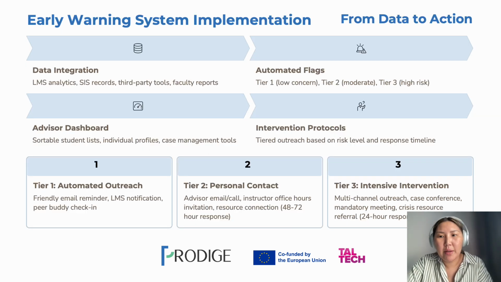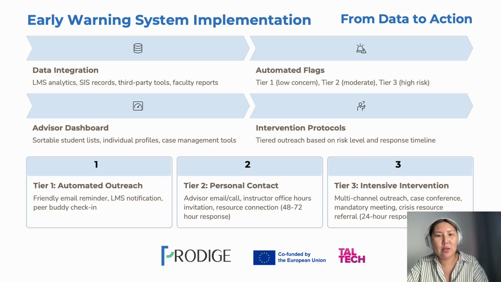So here you can implement how you can implement an early warning system to move from data to action. So first of all, it's very important to integrate all data. So pull from LMS analytics, student information system, third-party tools, faculty reports, bring it all together. The second is automated flags. So create, for example, a three-tier system.